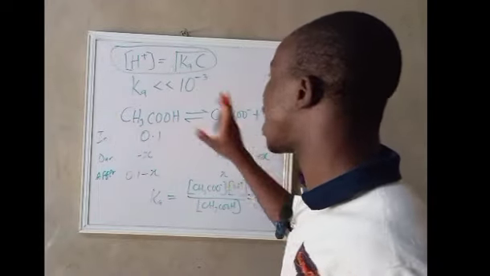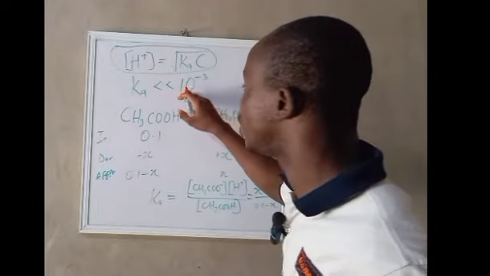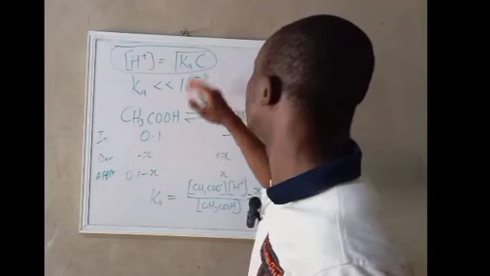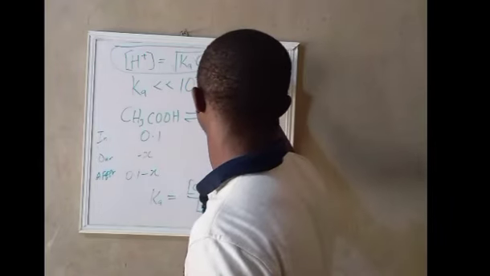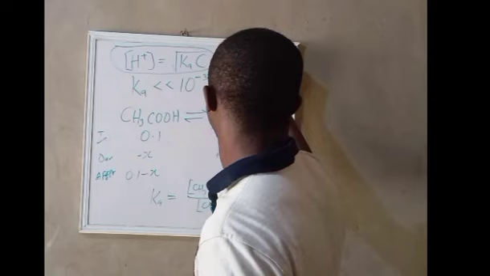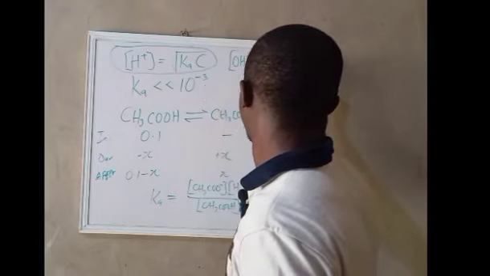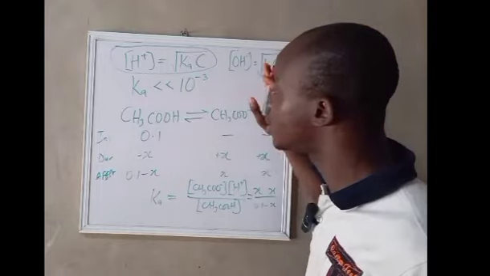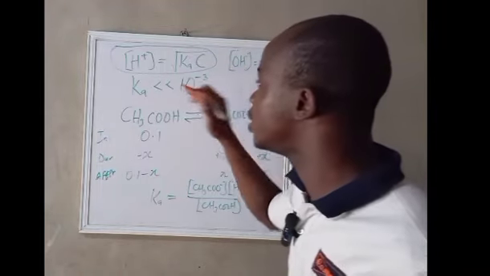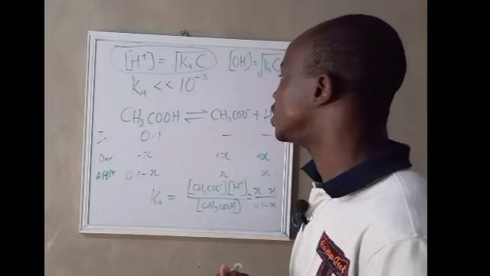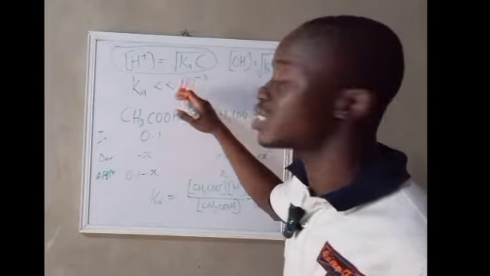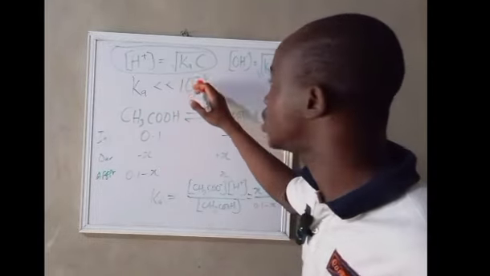So we don't need to do this as much as the Ka is very small. In the same manner, you can also say that the concentration of OH minus for a weak base will be equal to the square root of Kb times the concentration of the base, with the constraint that Kb is very small, probably less than 10 raised to power minus 3.